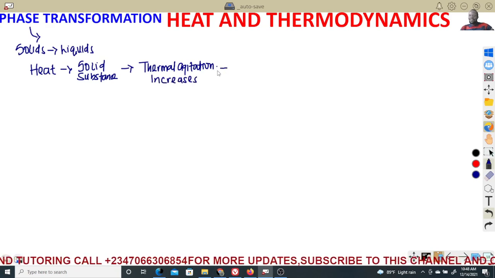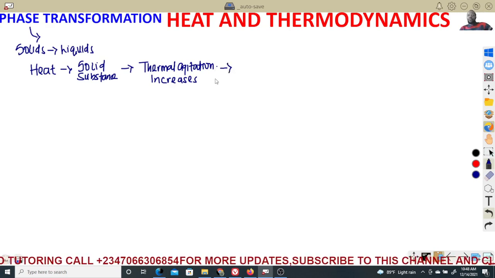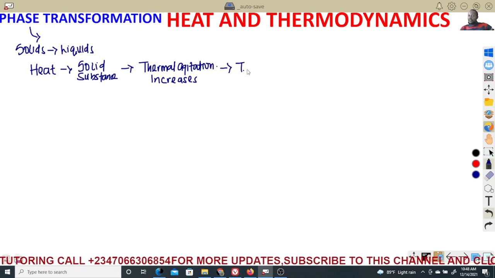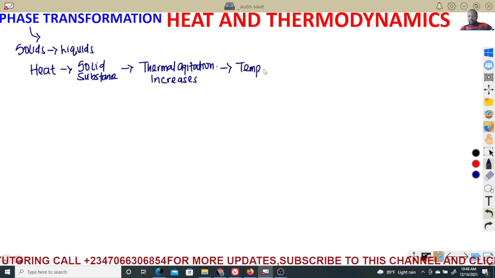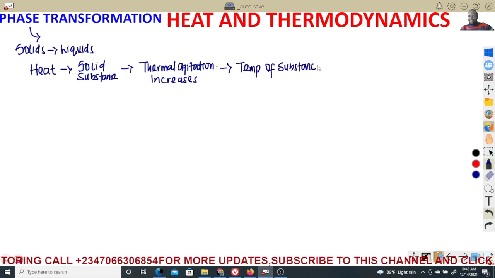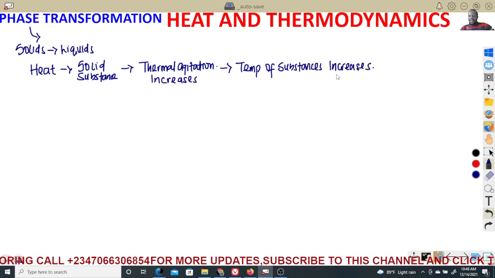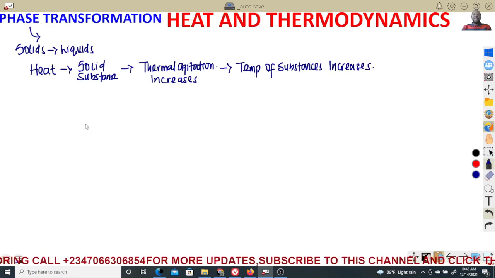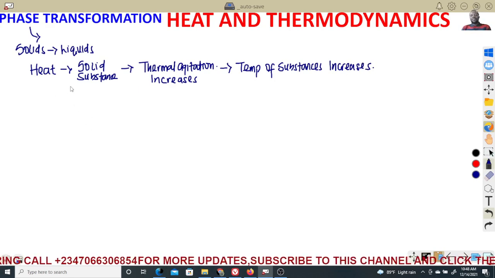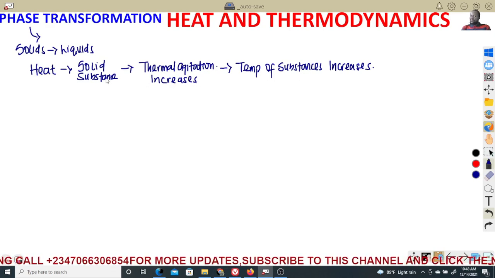And when thermal agitation increases, we expect the temperature of that substance to also increase, which we've studied. Students should be careful about this. The energy of random oscillation increases, and that's the temperature of the substance increases.